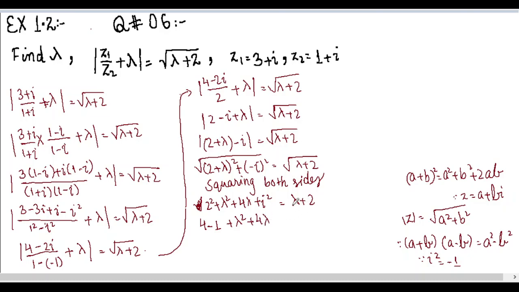Then bringing these to the left side, it becomes minus lambda minus 2 equals 0. Now lambda square plus 4 lambda minus lambda gives us 3 lambda. 4 minus 1 is 3 and 3 minus 2 is 1. So we write here lambda square plus 3 lambda plus 1 equals 0.